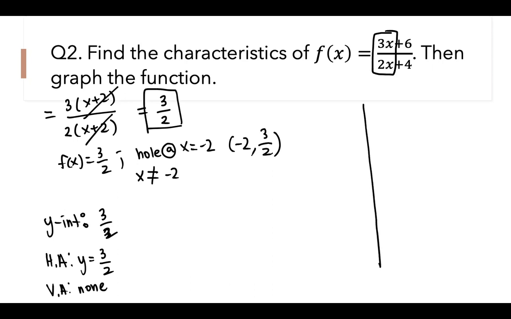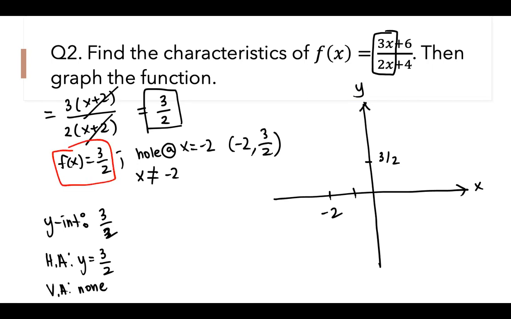Okay? So if I have to draw this, let's label all the important numbers. It looks like I have a y-intercept at 3/2. Okay, and there's a hole at x equals -2. So if I draw in a different color, it looks like we have a horizontal line at y equals 3/2.